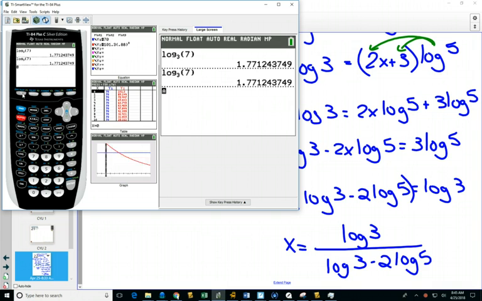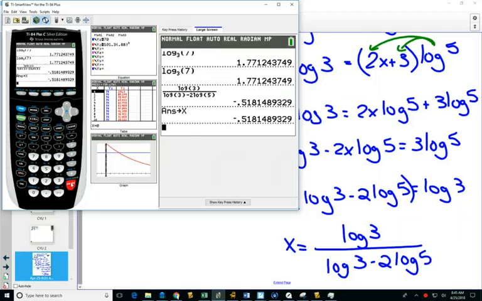So I would use the fraction button if you have it every single time with logarithms. So you want to go log of 3 divided by log of 3 minus 2 log 5. We get negative 0.518. I'm going to store that as x.